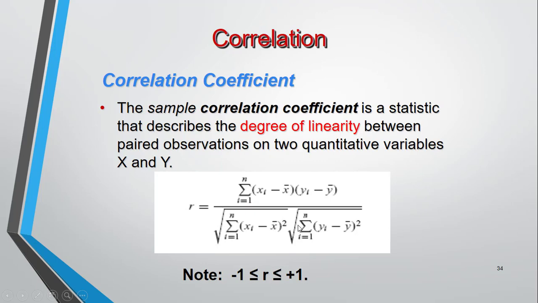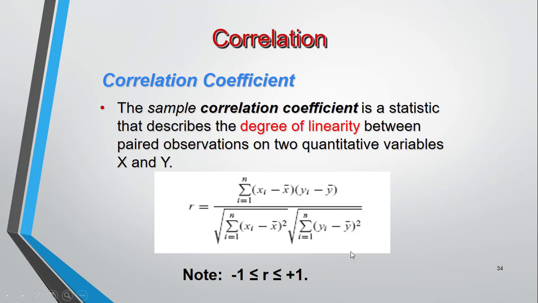You calculate that, and that gives you the correlation coefficient, R. This R is a good indicator of the degree of linearity between two variables. R could be close to +1, it could be close to -1, and it could take 0 also. So the value of R, by mathematical definition, is between -1 and +1.